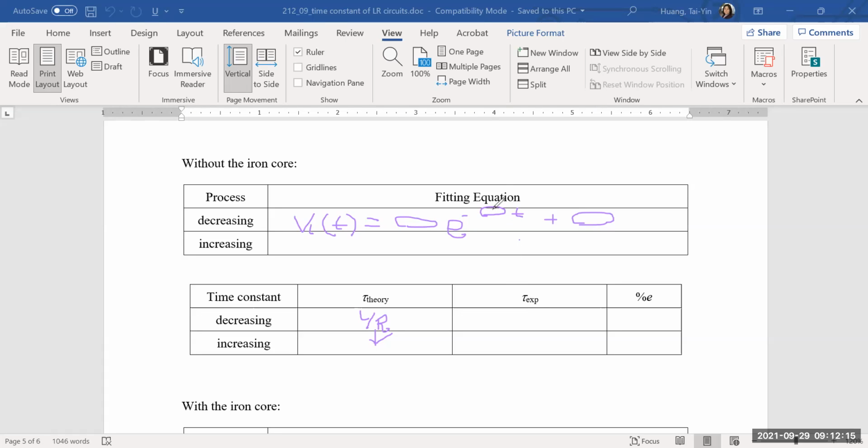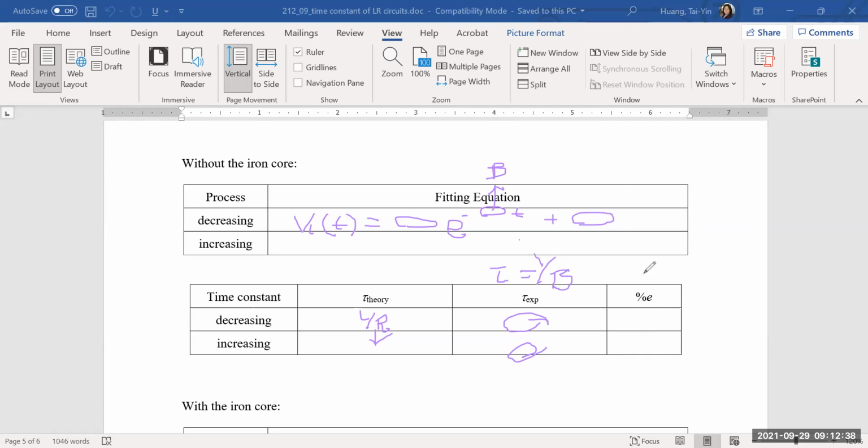Let's say we call this B, then the time constant experimental value is equal to 1 over B, okay? You can see that for the decreasing and increasing, this value will be different, primarily because it depends on how you fit your data. So you have one value there, so you can calculate the percent error, okay?